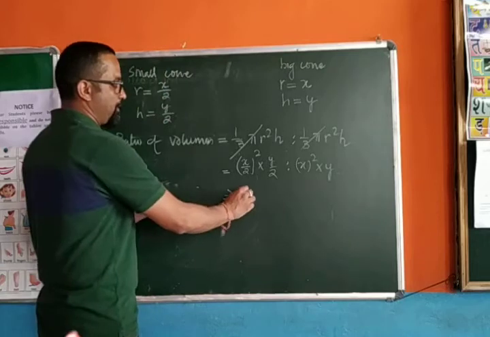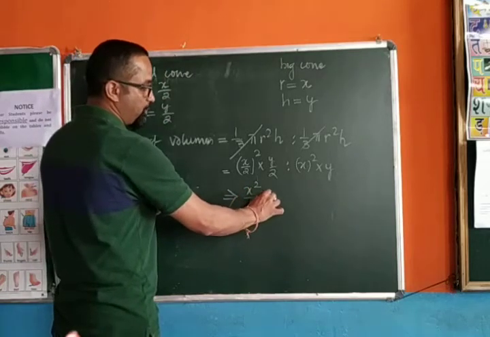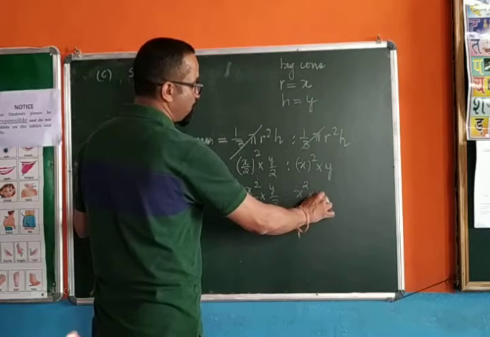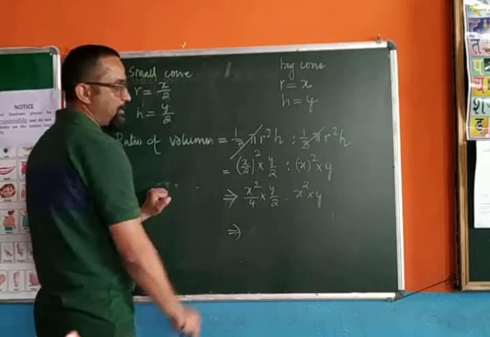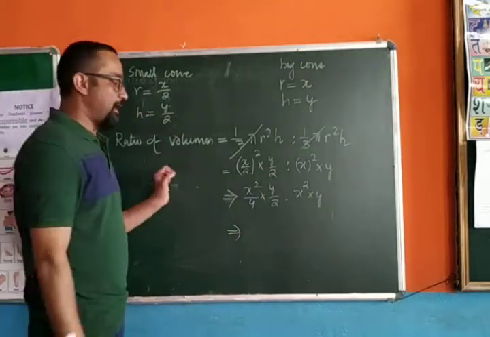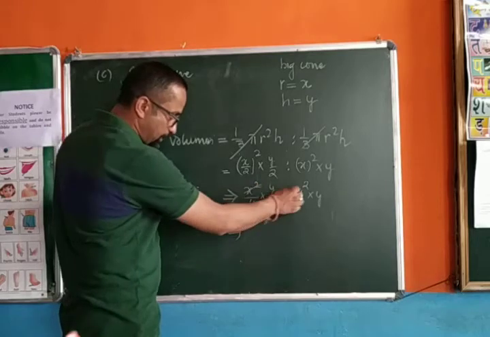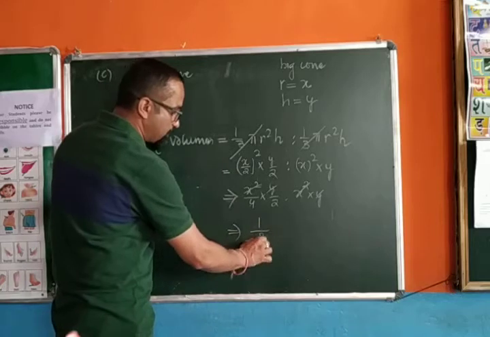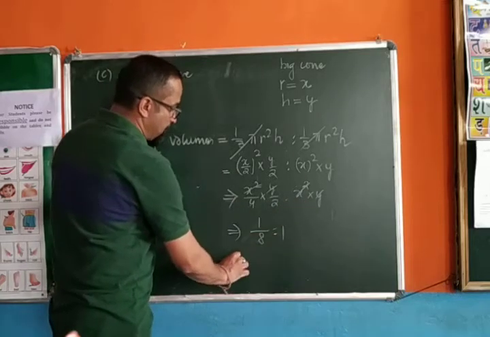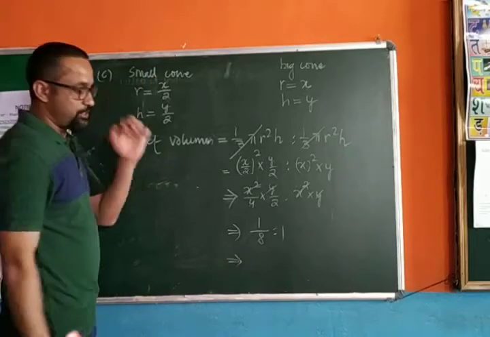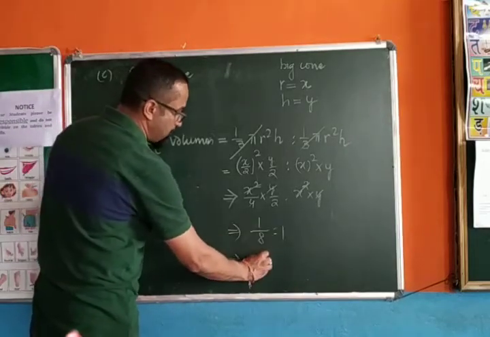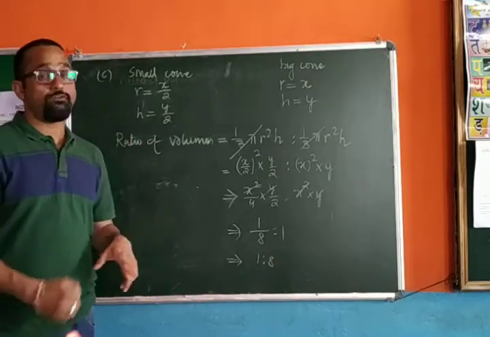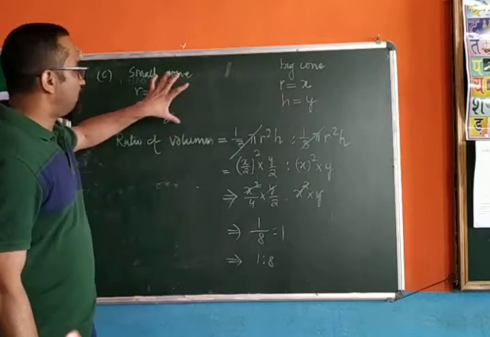Simplify it. x square upon 4 into y upon 2 is to x square into y. You can simplify this now. x square cancels, y cancels. You are left with 1 divided by 8 is to 1. Ratio should not be left in fractions, so you take this 8 and multiply it. 1 is to 8. This is how we calculate the ratio of volumes when you have conditions given.